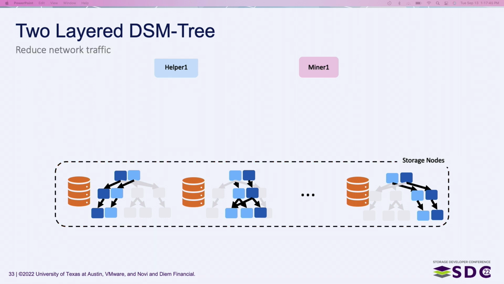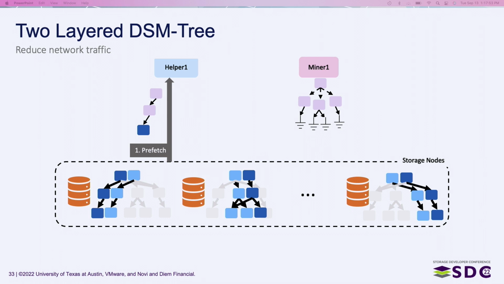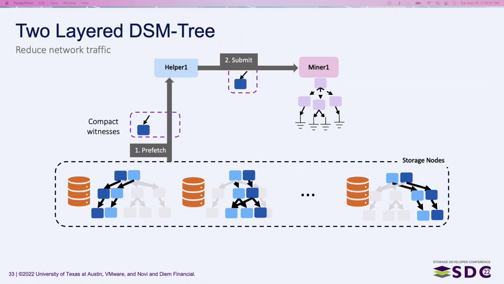For example, let's say miners can store the top layer of the DSM-TREE till a configurable depth, and I/O helpers now, instead of fetching full paths called witnesses, can prefetch only the data that is not present at the miners, called compact witnesses, and submit these compact witnesses along with transactions to the miners.